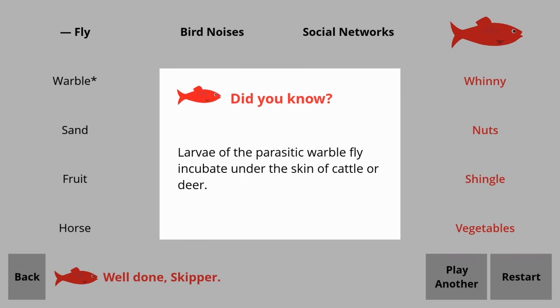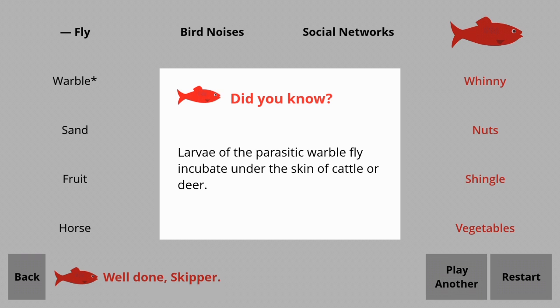I took a vet science class at high school, and one of the ones we had to learn to identify was a cattle warbler, or a cattle warble.